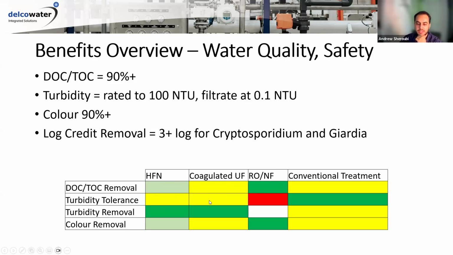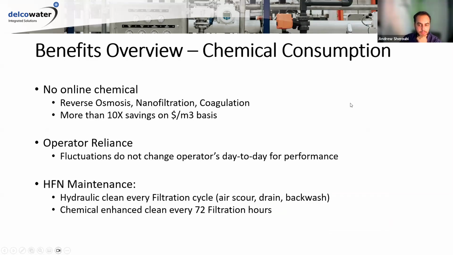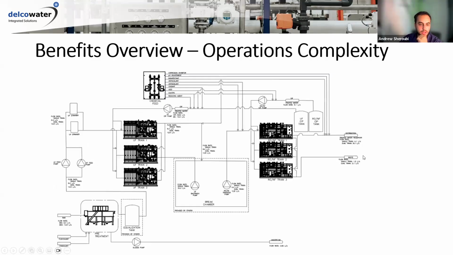Obviously, on turbidity tolerance, this is built for turbidity and this is not built for it at all, but all of those remove turbidity pretty well. On chemical consumption, the hollow fiber nano doesn't use any chemicals, versus a coagulated UF, for example, where you have to continuously dose chemicals, because it does the adsorption based on the charge on the membrane layer rather than chemical addition.